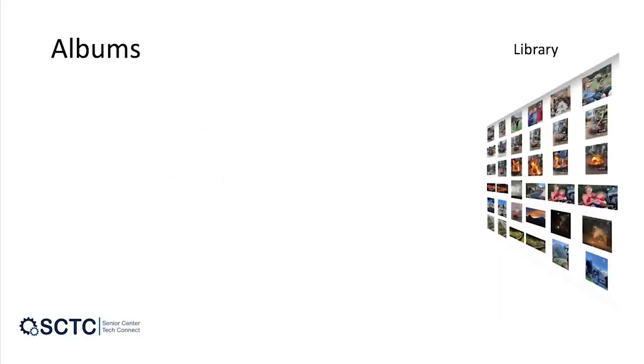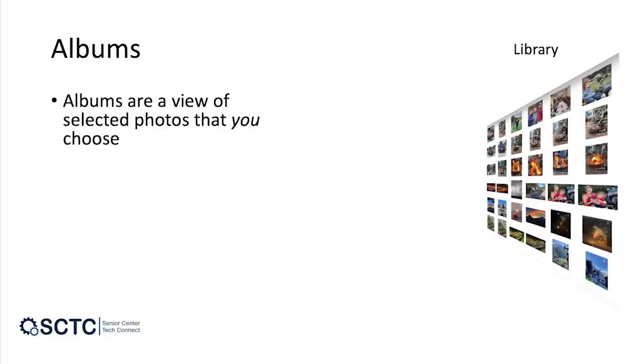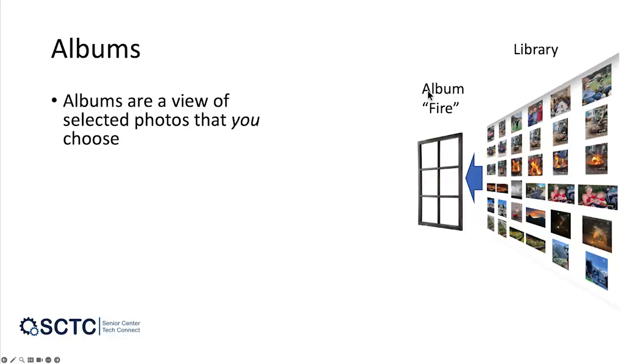All right, so this is kind of my way of looking at it. Albums are just a window into the library that shows photos that you choose. For example, I created an album here called Fire, and it's a window. Through that window, I can see photos that I've chosen that have fire in them.